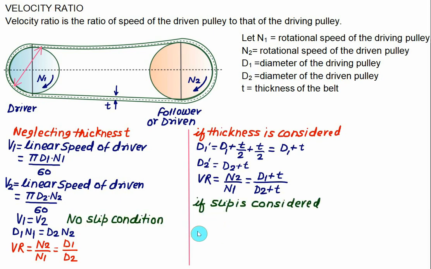And if we consider the slip between the belt and the pulley, in that case the value of V1 will be higher as compared to velocity V, which is the belt velocity, which is greater than the velocity V2. Previously we have assumed the velocity V1 equal to V2 equal to V, where V represents the belt velocity.